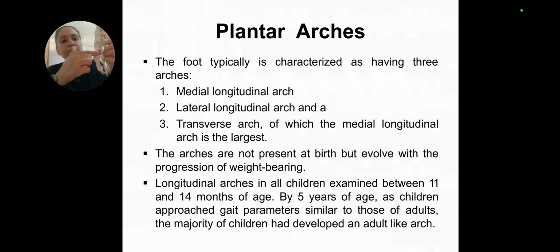You can see the first metatarsophalangeal joint is there, along with the base and the head of the first metatarsal.